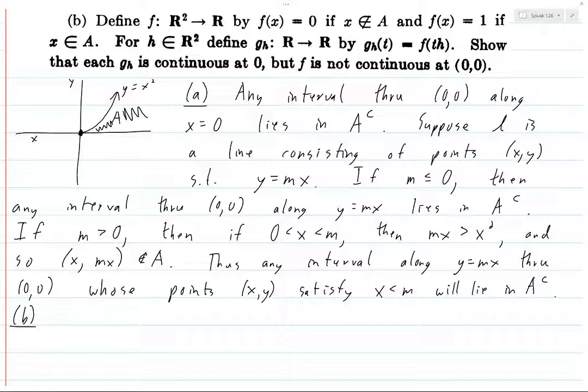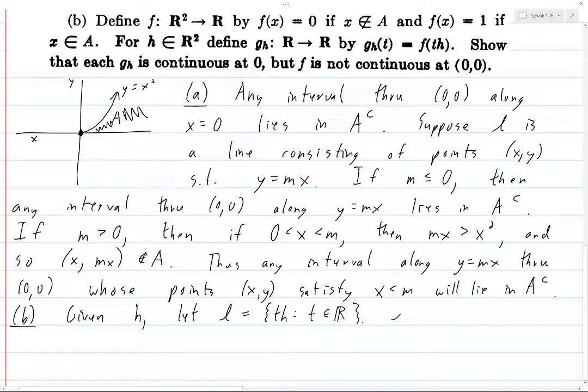Okay, so anyways, define f and h. Show that each g_h is continuous at 0. So, given h, let L be the set of all points of the form th, where t is in R. L is a line through the origin.